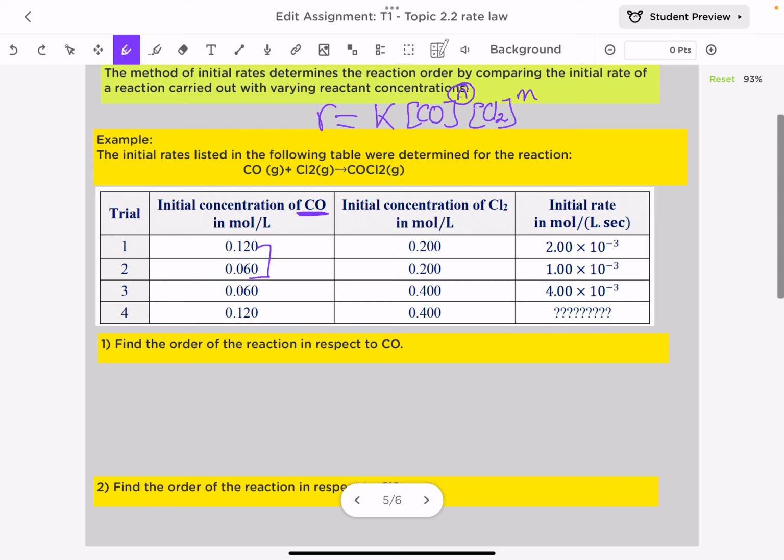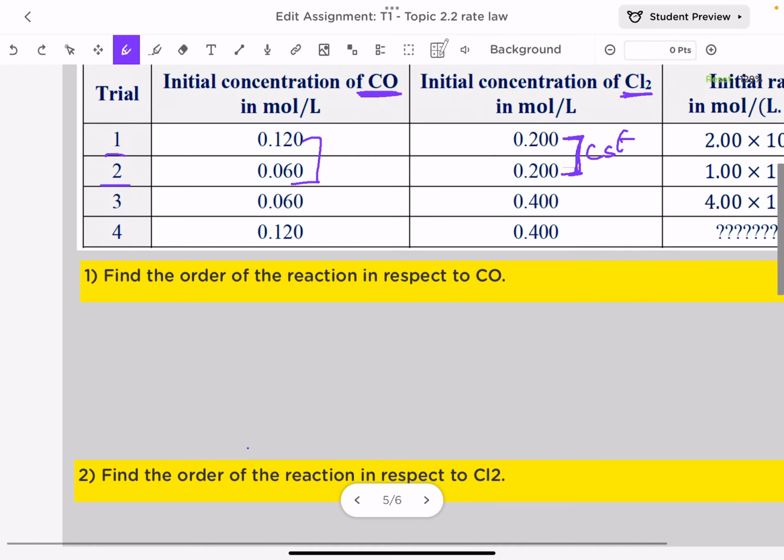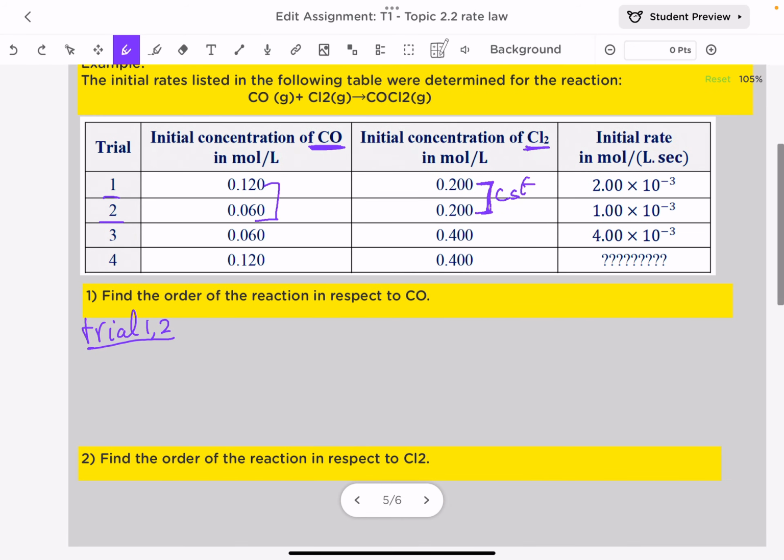If I am finding the order of CO, I must also select trials where the Cl2 concentration did not change. So I need a change in CO and I need the Cl2 concentration to be constant. If I take trial 1 and trial 2, the concentration of Cl2 remains constant. So I'm going to choose trial 1 and 2 to keep Cl2 constant and see how the change in the concentration of CO affects R, the initial rate of this reaction.